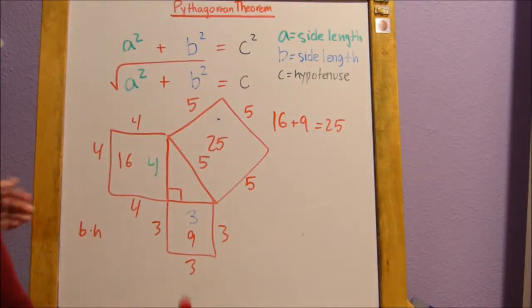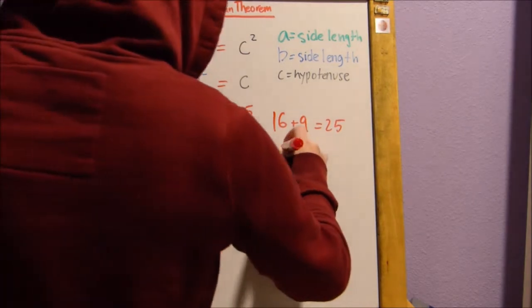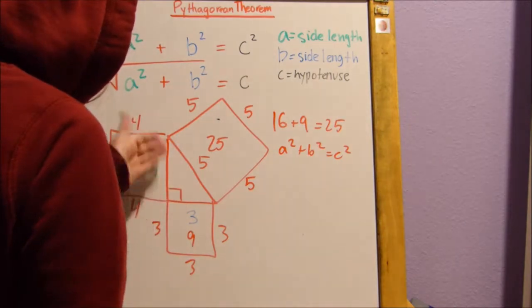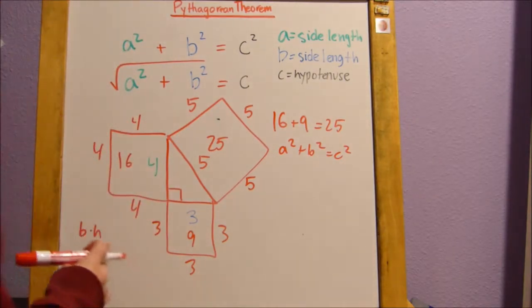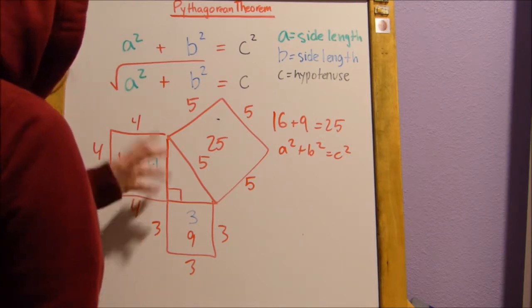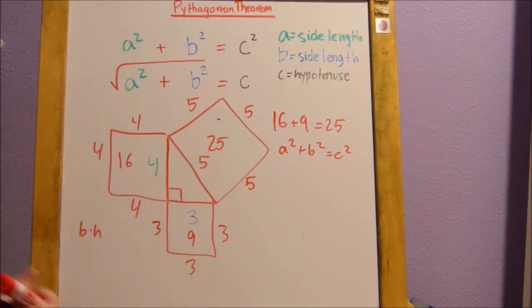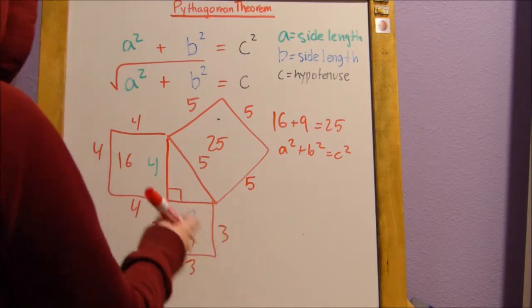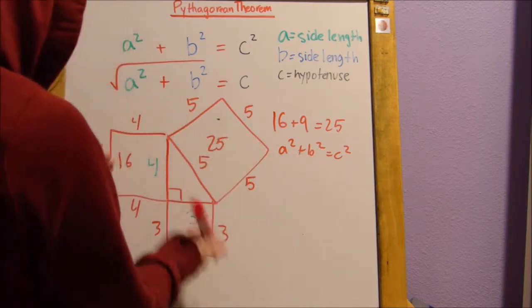this makes sense, right? This should make sense because if a squared plus b squared equals c squared, and our side lengths, when made into a square, are a squared, that's 4 times 4, that's the same thing, so that's going to be 16. B squared, 3 times 3, that's going to be 9. This is what this is saying.